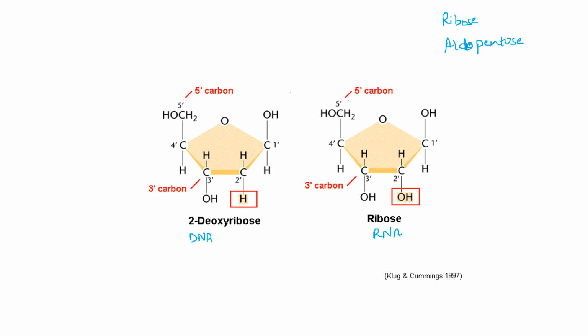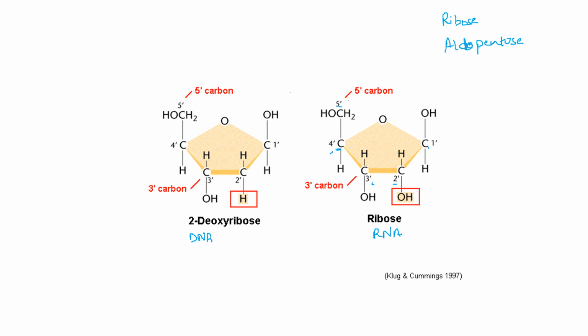Aldopentose, so you can see 1, 2, 3, 4, and 5. There are 5 carbons, and it exists in pyranose form. The C1 reacts with the C4.